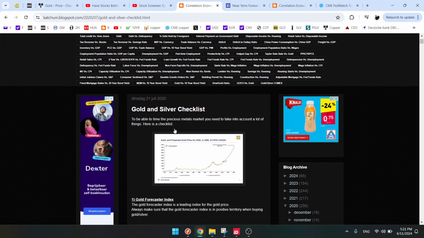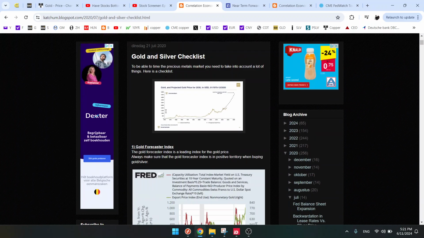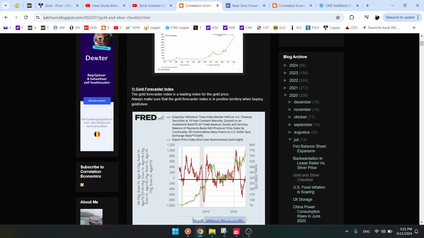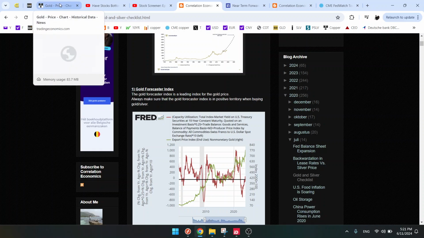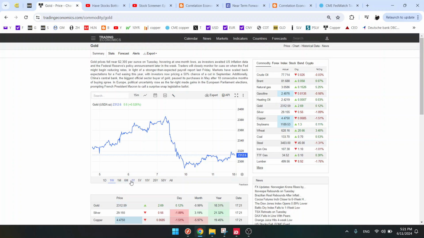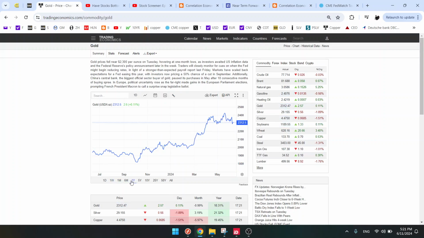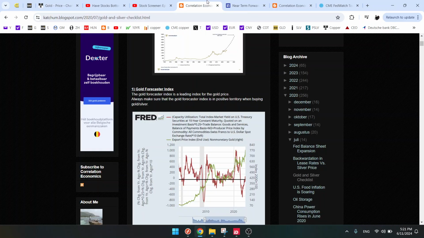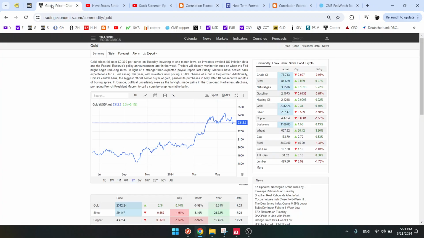Use this page to look at the current data, put it in your brain, mix it, and you get an output. That output will tell you if gold is going to go up or down. And that's the only way to forecast gold, not technical analysis.